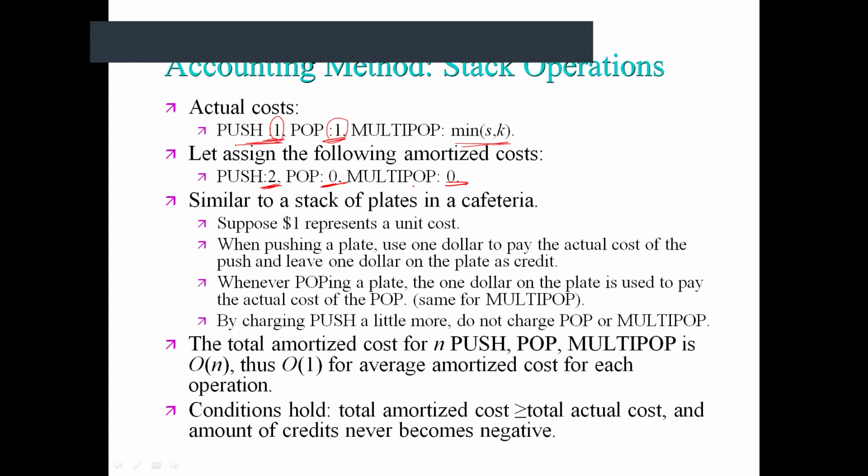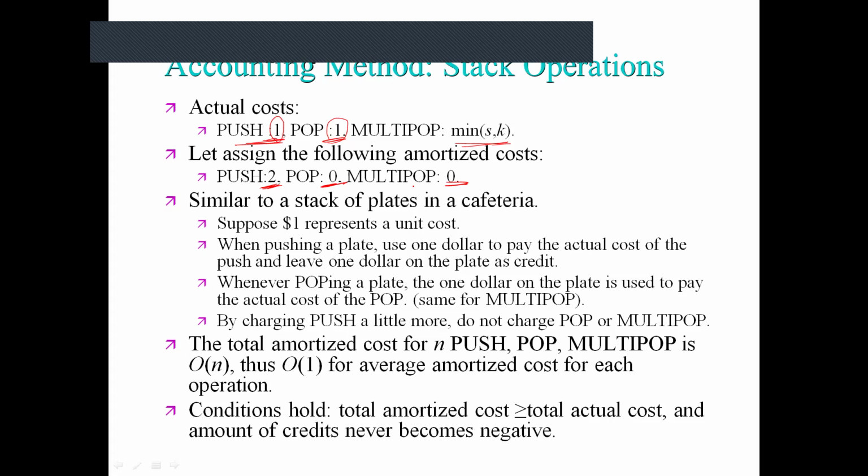Whether it is pop or multi-pop, it's the same thing; multi-pop just repeats it again and again. So the $1 on the plate will be used to pay the actual cost of the pop or multi-pop.